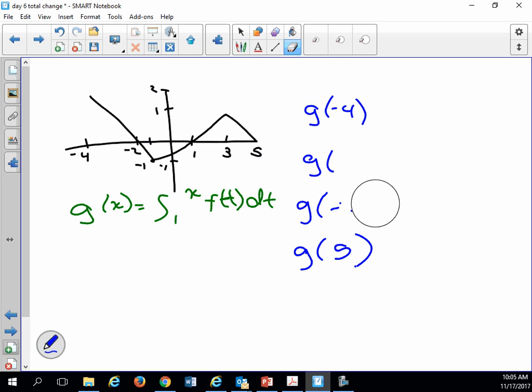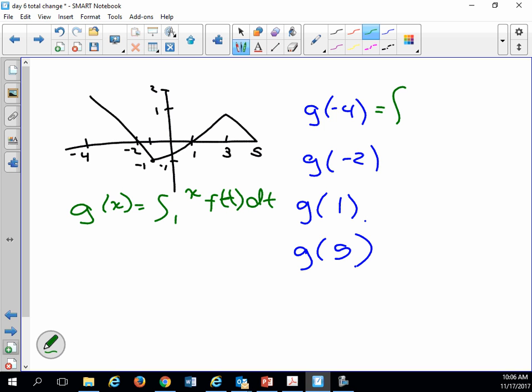I'll put it in order so we start. Let's talk about these. First thing I do is I recognize that these are the ones I'm talking about. And now, I'm going to plug them in. So g of x equals the integration from 1 to x. So g of -4 is going to equal the integration from 1 to -4 of f of t dt.